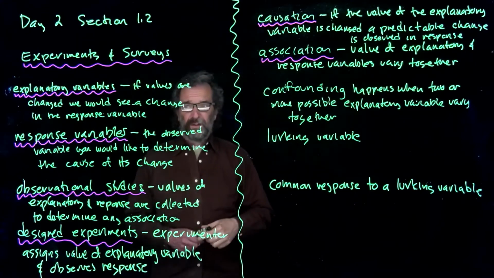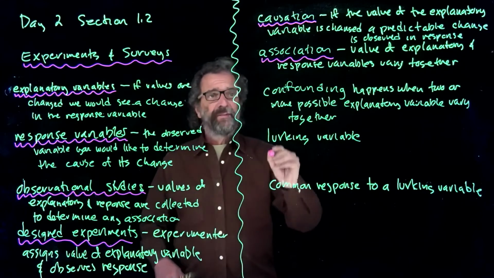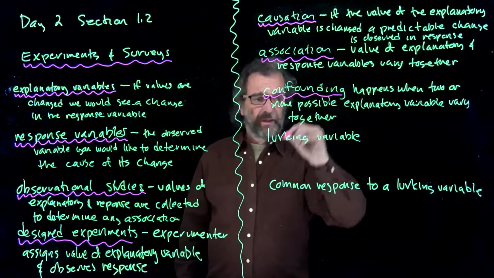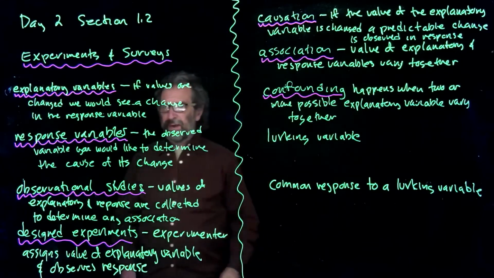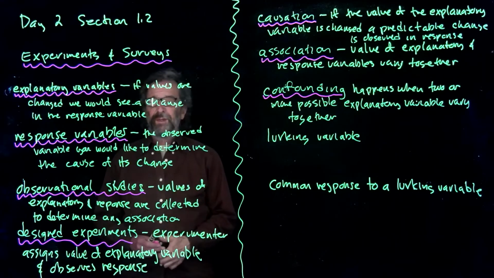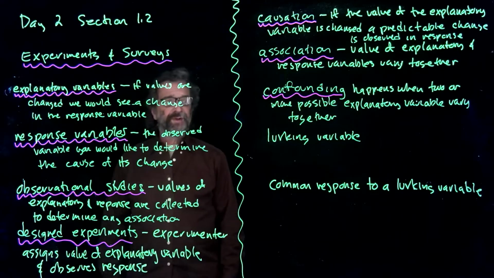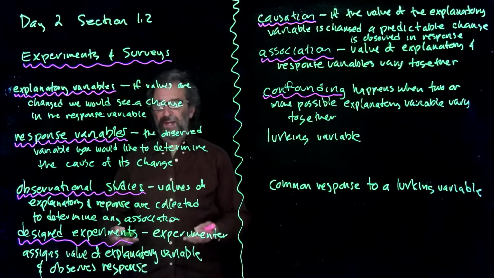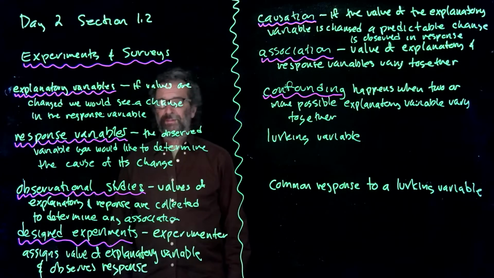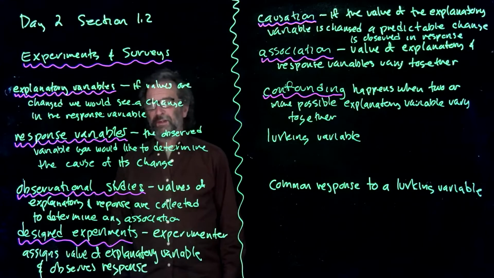So we might think about our police car experiment. In our police car experiment, what confounding happened? Well, when there were more police, there was also more traffic. They vary together naturally. More traffic, more police. More traffic, more police, more accidents.